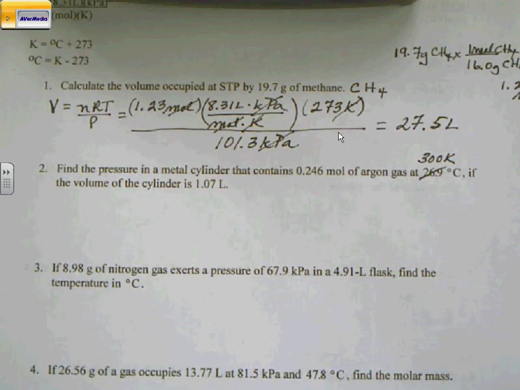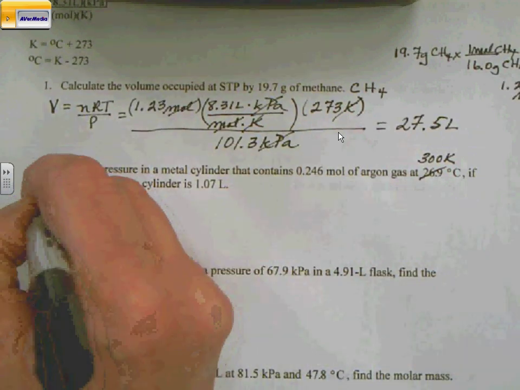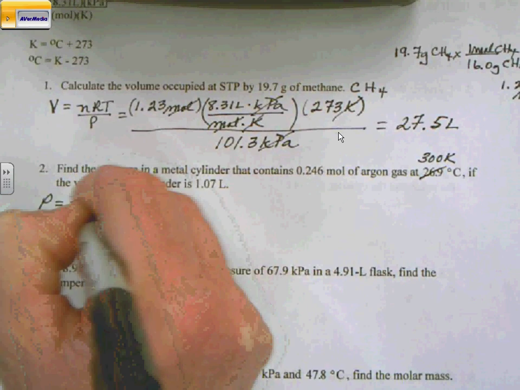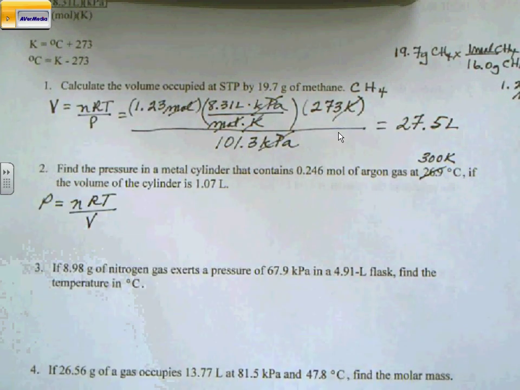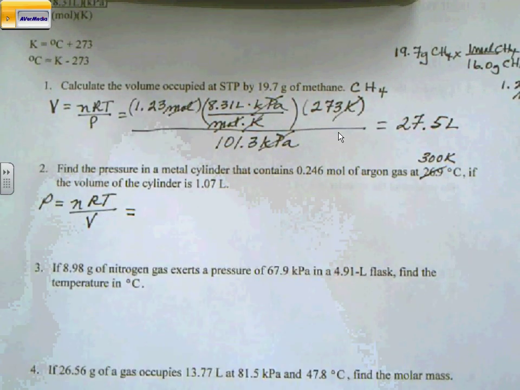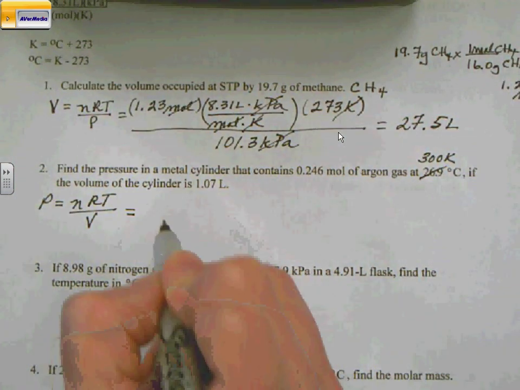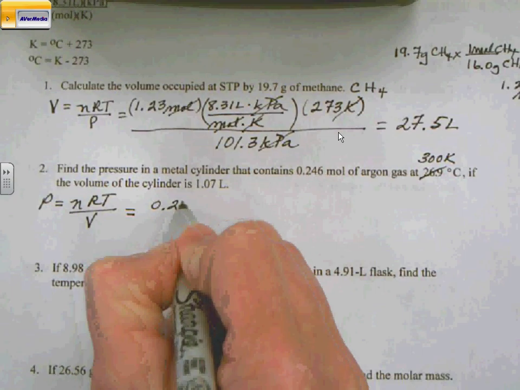R is 8.31 liters times kPa over moles times temperature. And the temperature is 300 Kelvin divided by the volume, which is 1.07 liters.